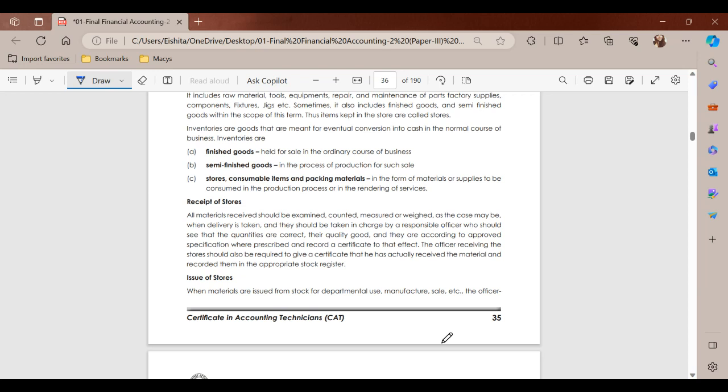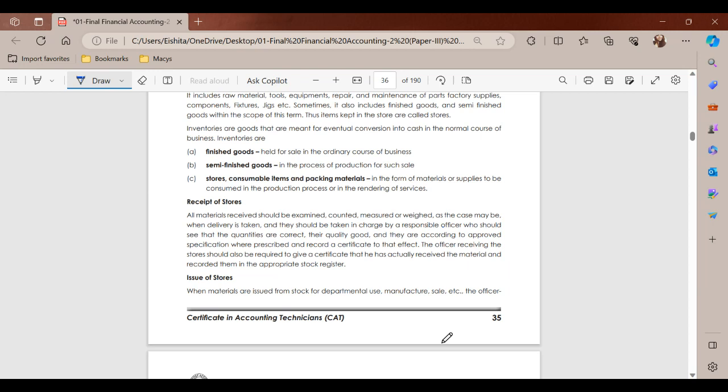When delivery is taken, the goods should be taken in charge. Once the goods are inspected and are all fit, they should be taken in charge by a responsible officer who should see that the quantities are correct, their quality is good, and they are according to approved specification wherever prescribed, and record a certificate to that effect.